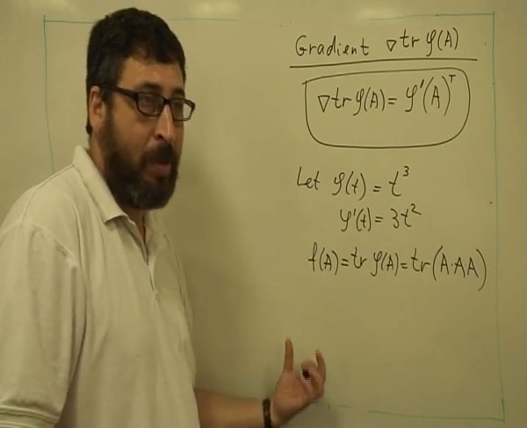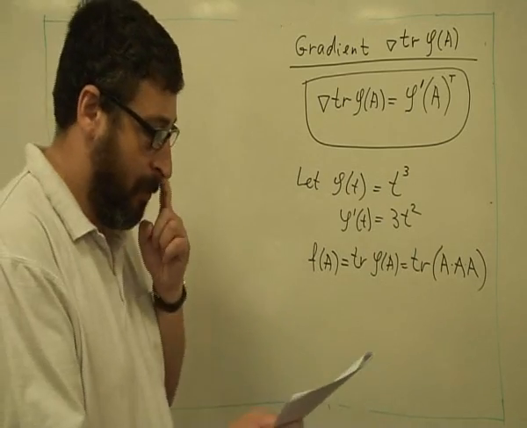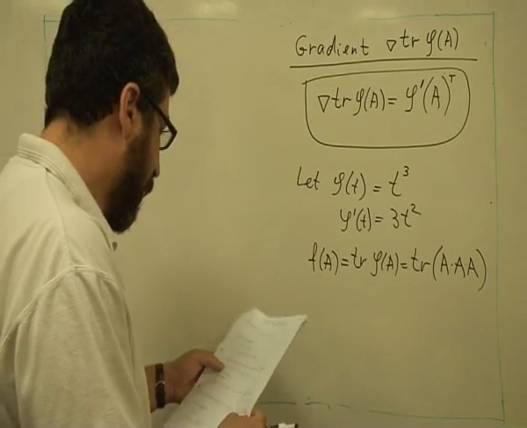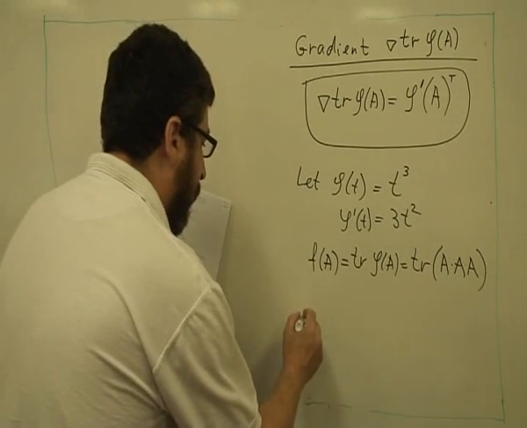So in this expression we will try to see the scalar product. This immediately will give us the gradient. So let's see what is df of A.